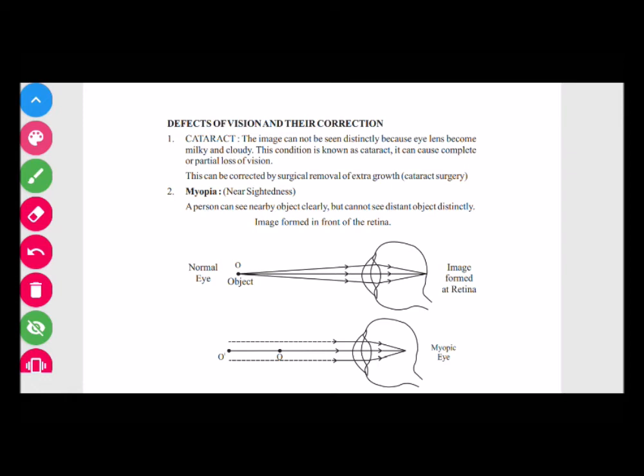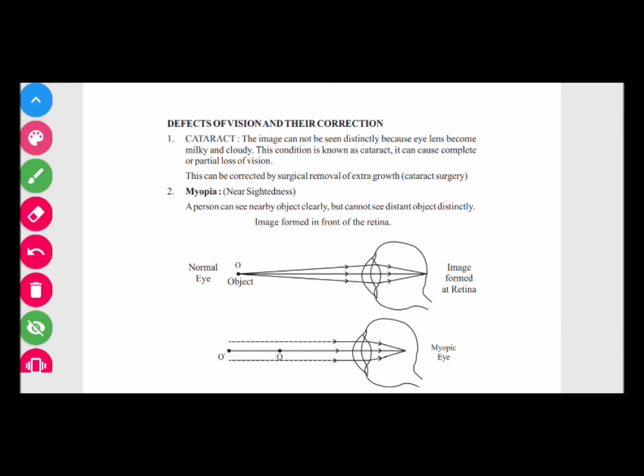Another one, myopia or short-sightedness. You heard of this defect? This is a defect in which a person can see the nearby objects clearly, but it is difficult to see the faraway objects. This defect is called myopia.